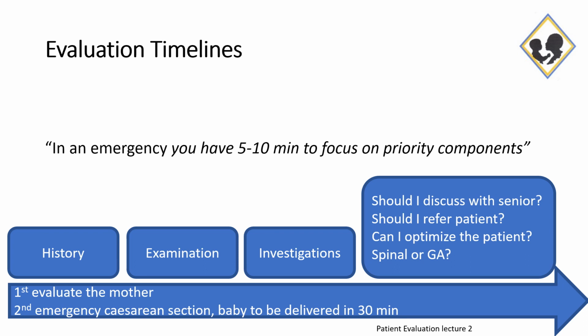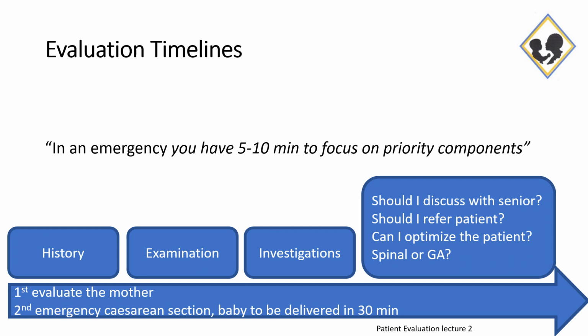You'll take a history from the patient, examine and run some investigations, and all of this should fit into this time frame, especially for the emergencies, where internationally the standard or guideline is that the baby should be delivered within 30 minutes from the time that the obstetricians have decided in the labor ward to do the Caesar.